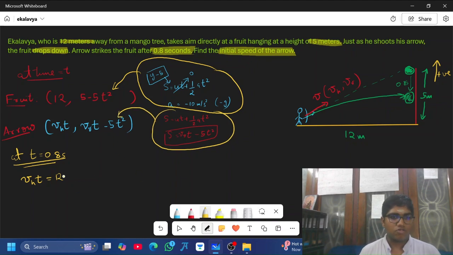So this implies Vh equal to 12 by 0.8, 15 meters per second. This is the horizontal component of velocity. Similarly, by substituting 0.8 in the y coordinates, we get the vertical component.